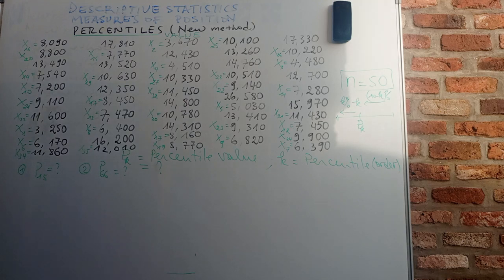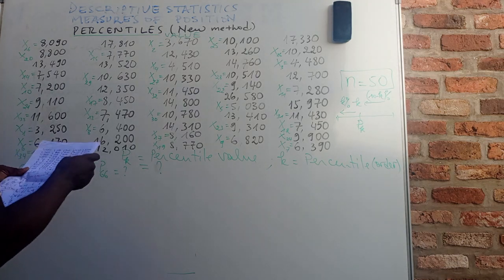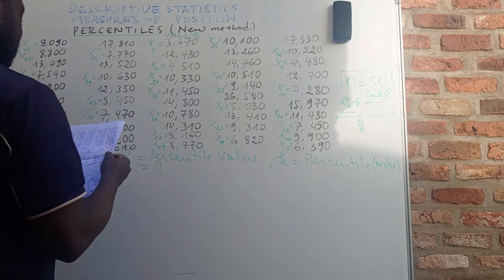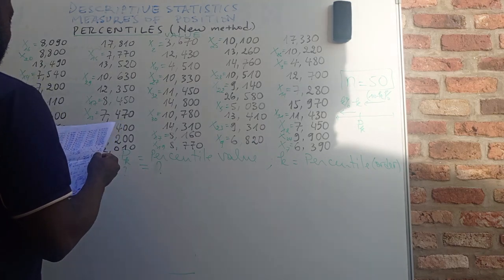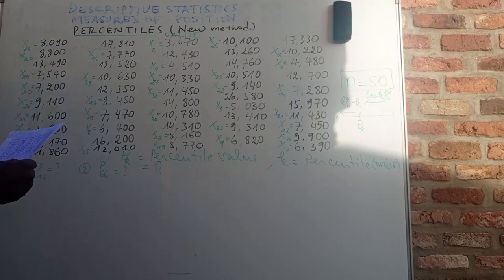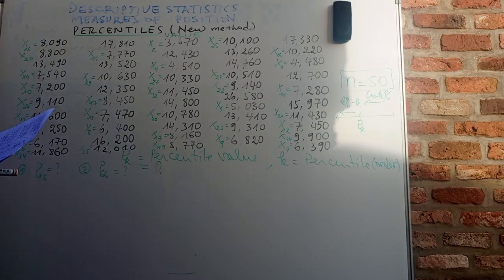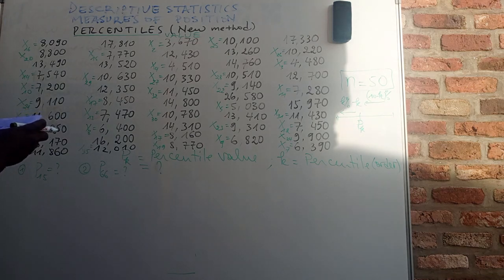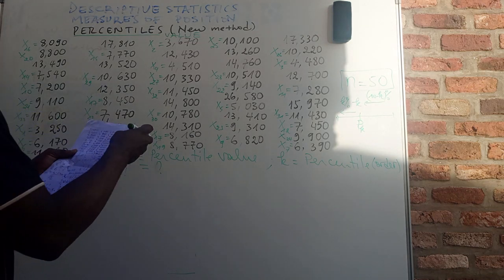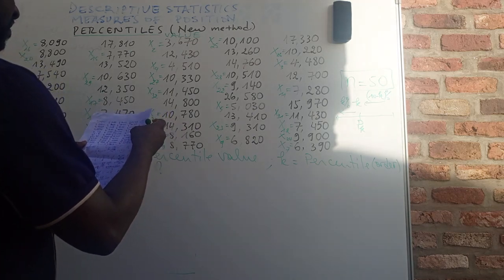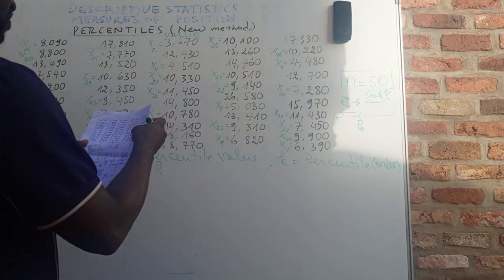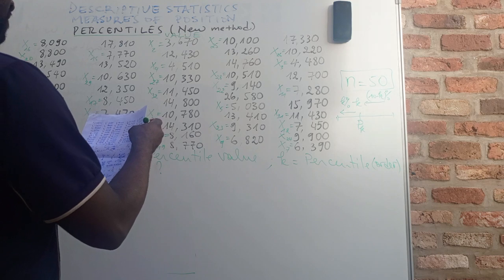Now let me go on with the next element x. So 1, 2, 3. It can't be. Probably some mistake again here. 1, 2, 3, 5, 0.